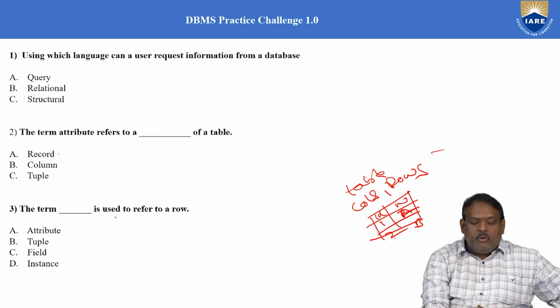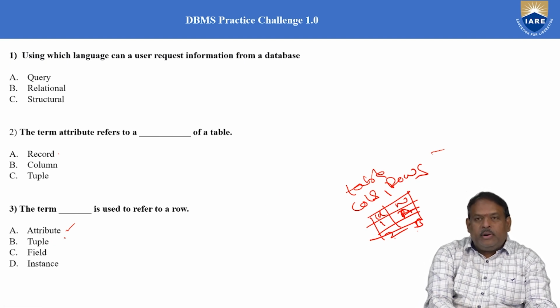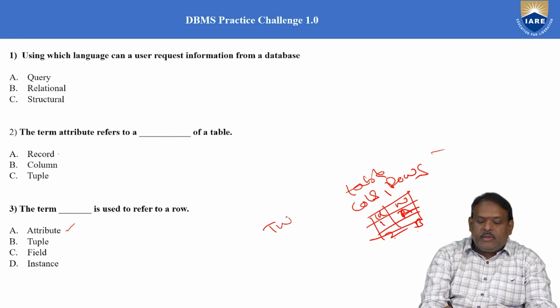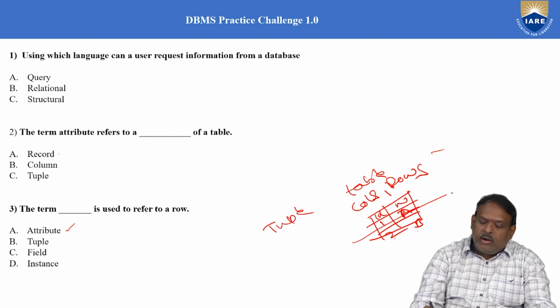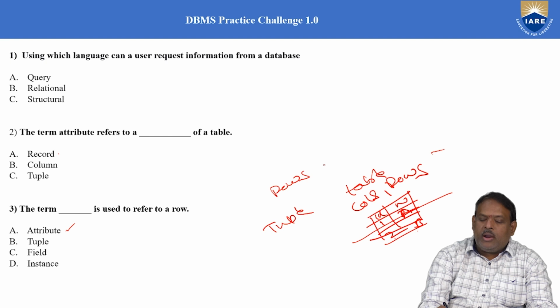The term now here, dash is referred to a row. As we already know, an attribute is a column property. Tuple means a row. Now this 1 and A is a tuple, 2 and B is a tuple. So rows can also be called tuples.